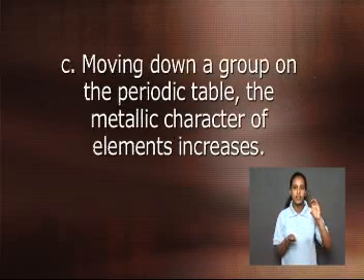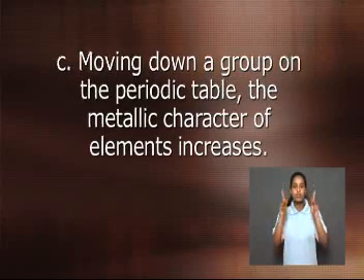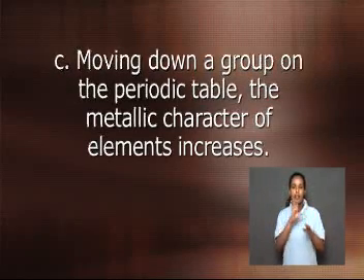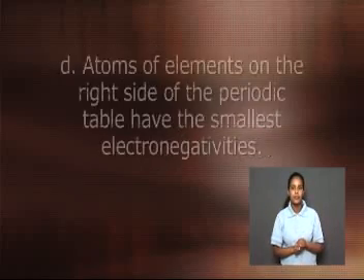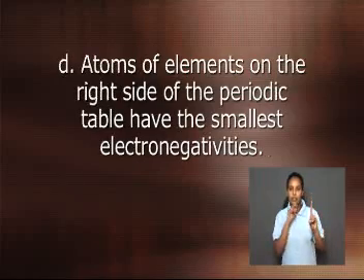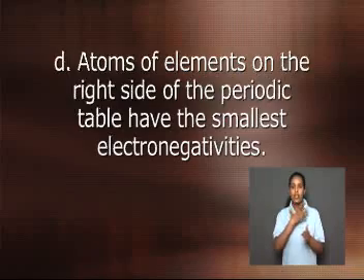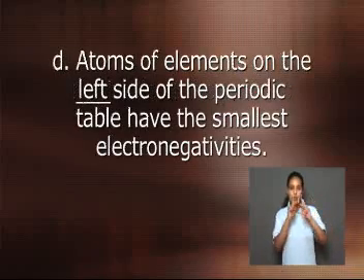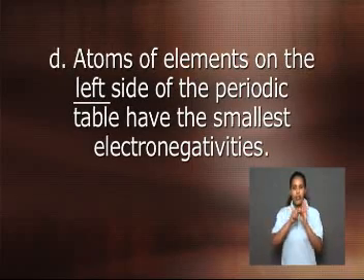Sentence C is true. Moving down a group on the periodic table, the metallic character of elements increases. Sentence D is false. It should read, atoms of elements on the left side of the periodic table have the smallest electronegativities.